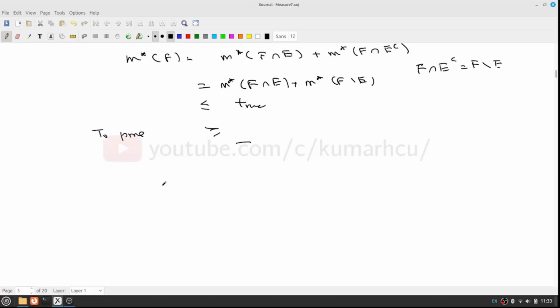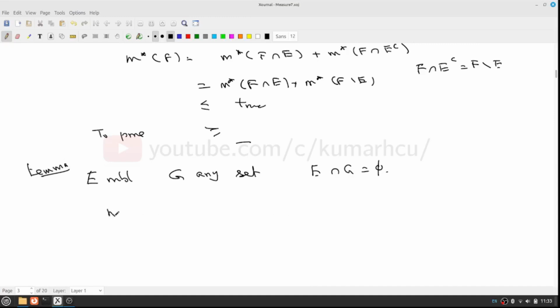The first thing we want to do is something very interesting. Suppose E is a measurable set and G is any set. Assume E intersection G is empty. Call this the lemma.